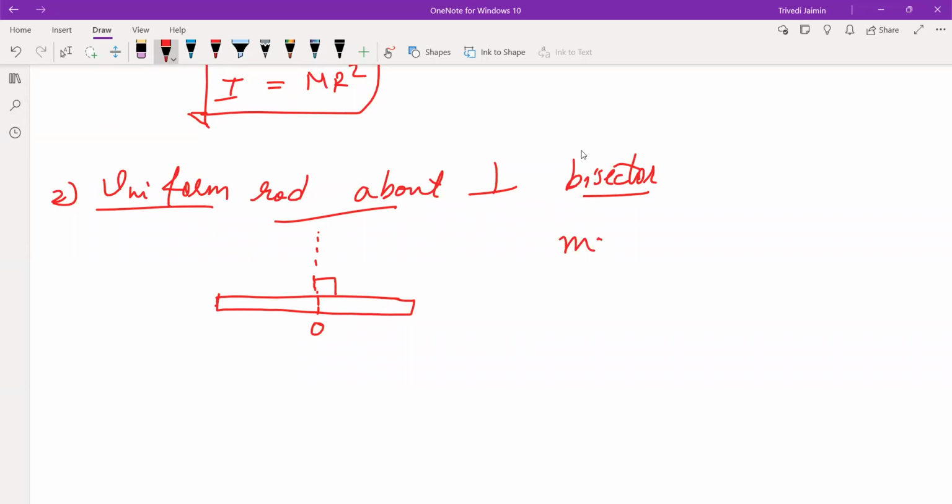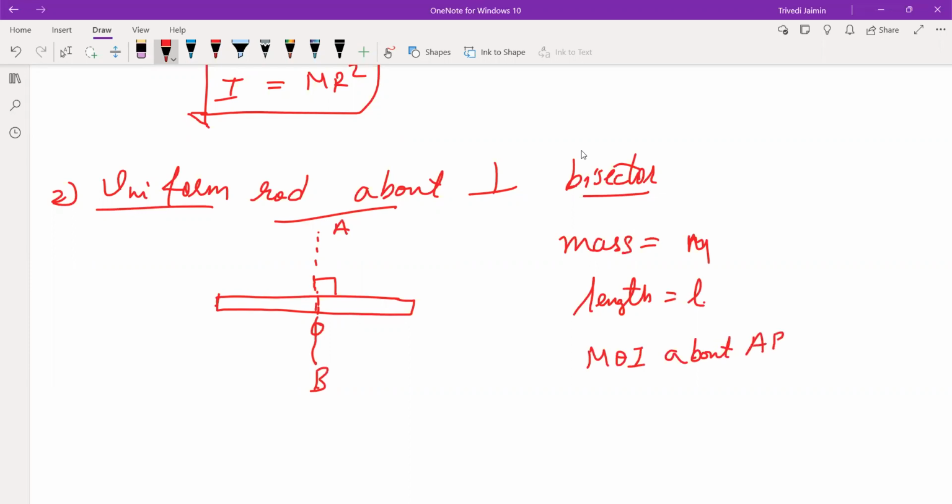So consider a mass M, length L, axis AB. We are finding the moment of inertia about AB.